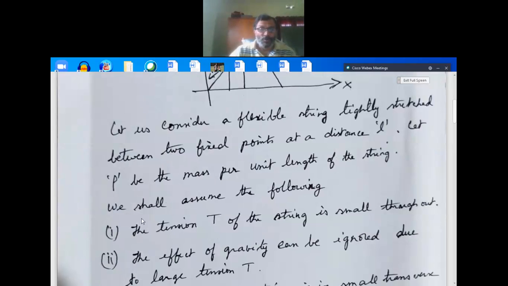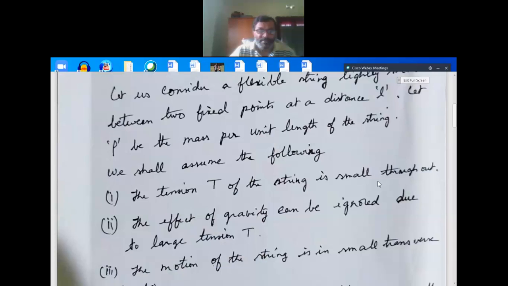Now we shall assume the following. This all comes from your physics. Some assumptions are made in these derivations, and all of this you have to write in the exam. One, the tension T of the string is considered to be very small throughout.